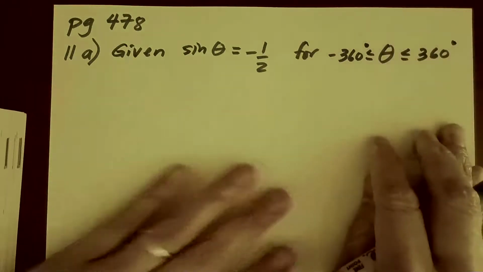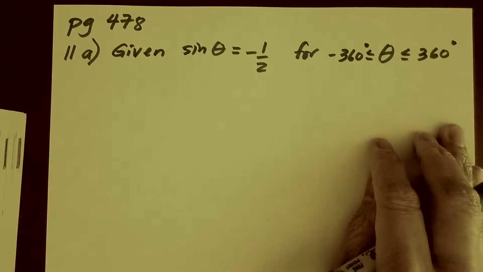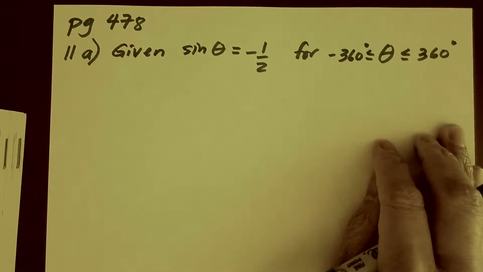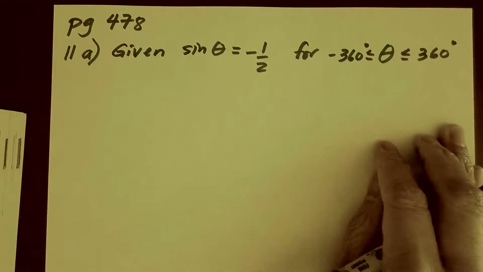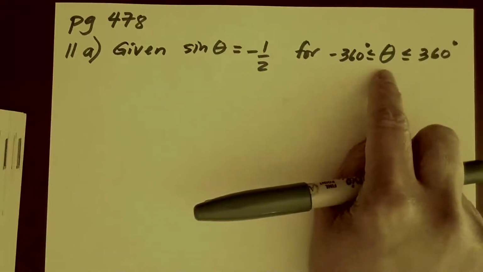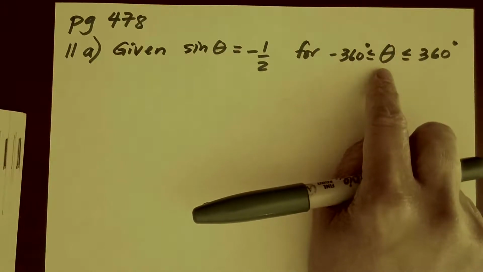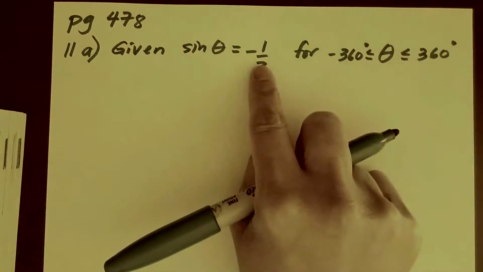What are they asking about? They're asking to determine the possible measures of theta. So what are the possible values of theta that will give us that sine of theta is equal to -1/2?